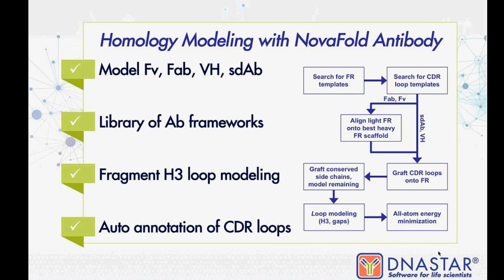So recently in June, we released a new version of NovaFold Antibody where we are making improvements in H3 loop modeling by using a fragment-based approach, sampling all loop structures from nature and letting nature guide us towards the best model of this H3 loop.